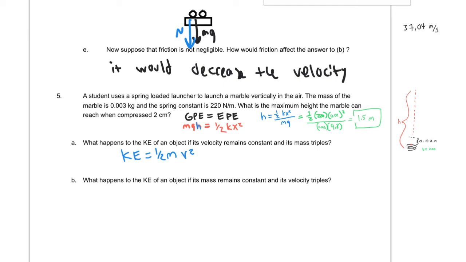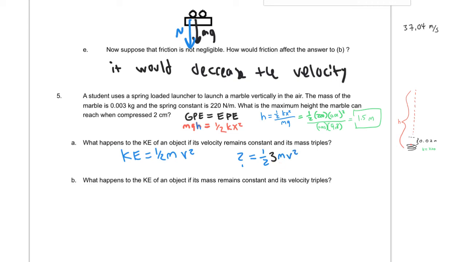So they're painting a picture where the velocity remains constant, so the v remains as is, but the mass triples. So they're like, ooh, what happens to the kinetic energy? Well, I'm going to write over here a big question mark. What happens when we have 1/2 and then we multiply that mass times 3 and the velocity stays the same, right?